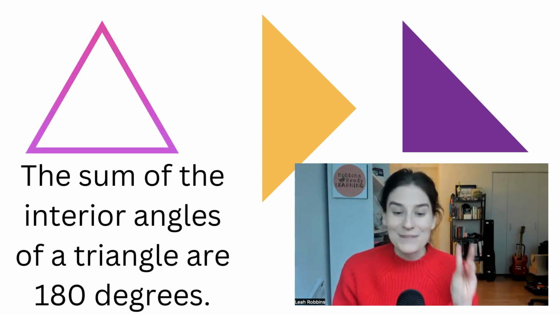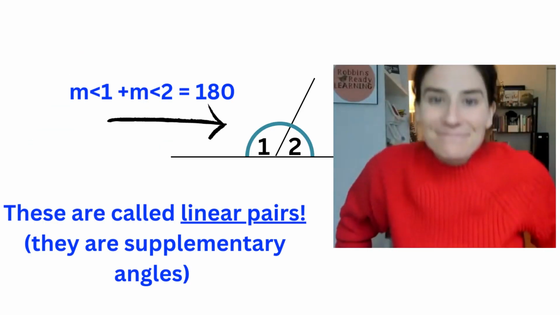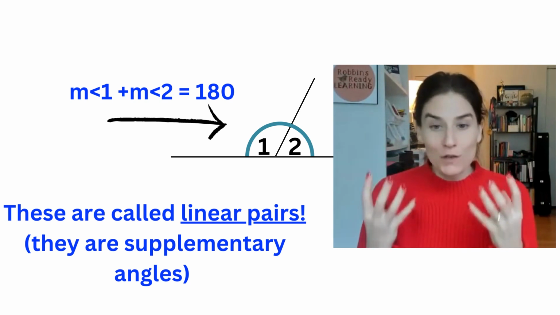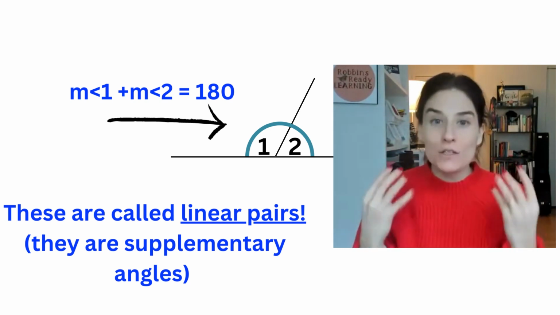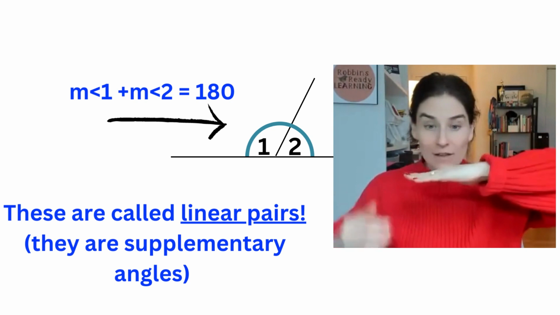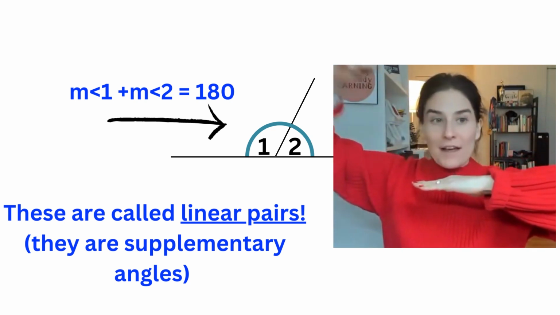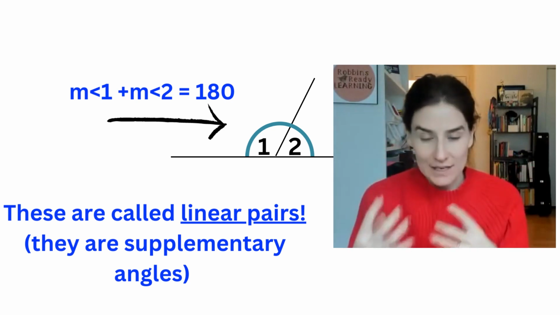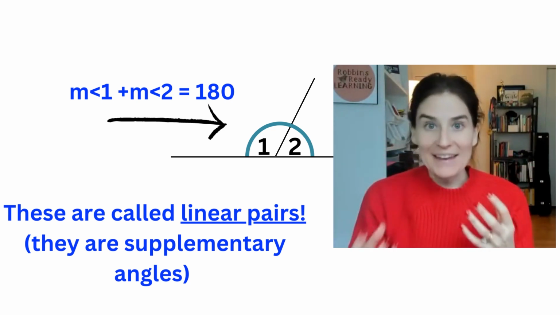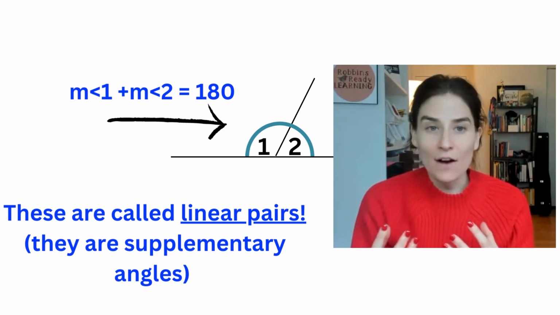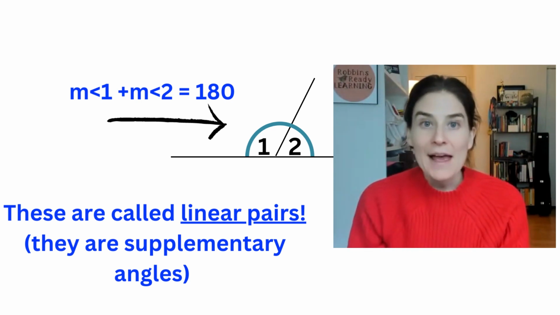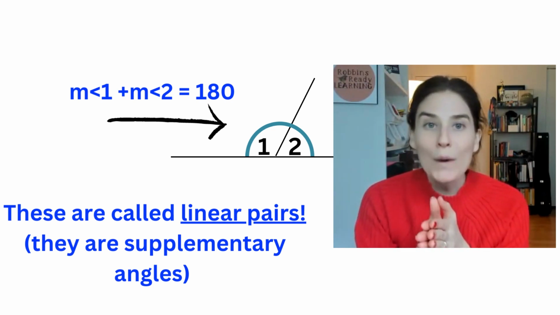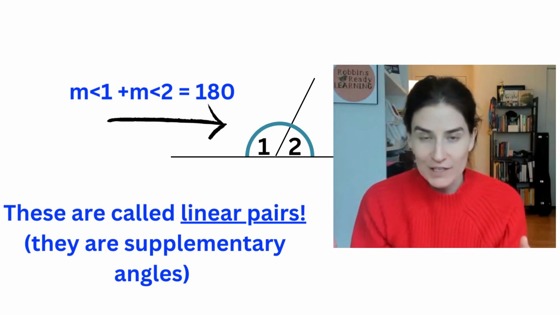The second thing: there are linear pairs, which are created on straight lines. As you can see here, we have a straight line and then another ray coming from that line. They could also be created by two intersecting lines. But what we get is two angles that are called a linear pair, and the sum of these two angles will always be 180 degrees.